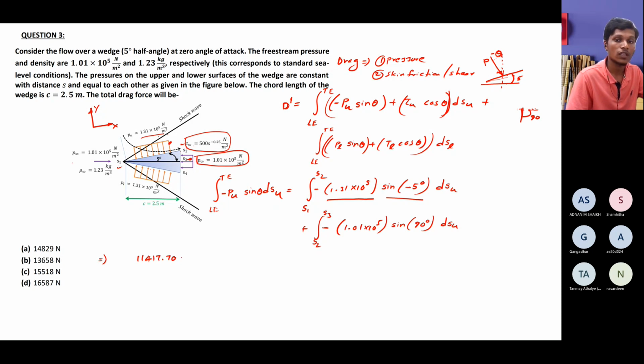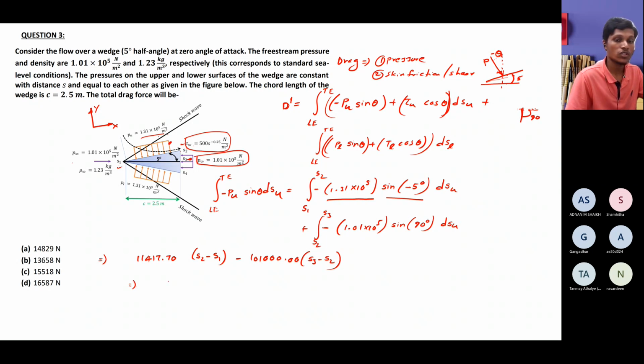If you simplify, then just the integral s1 to s2, because these two are constant, and it is dsu, and this s is varying linearly from s1 to s2. Then you will just get s2 minus s1, and the second part is the same way, if you integrate, s3 minus s2. Got it?